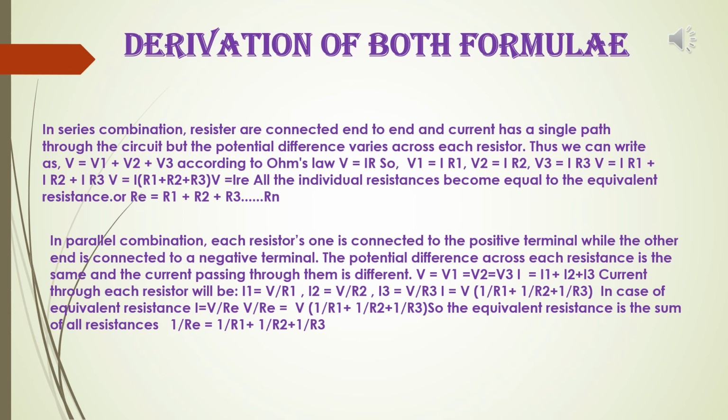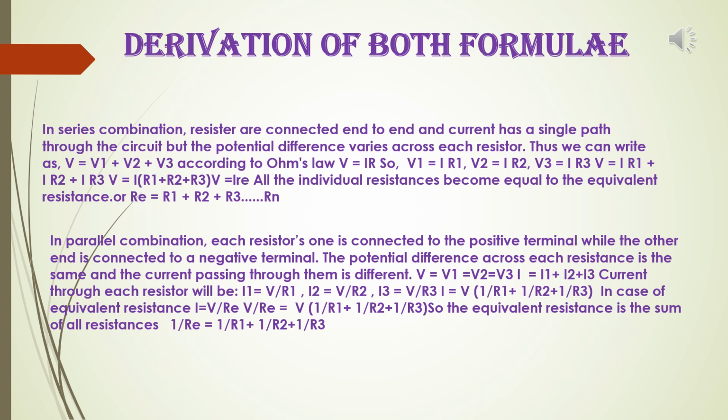So I is equal to I1 plus I2 plus I3. Here why I have said V is equal to V1 is equal to V2 is equal to V3 because V will be the same. So current through each resistor will be I1 is equal to V by R1, I2 is equal to V by R2, I3 is equal to V by R3.